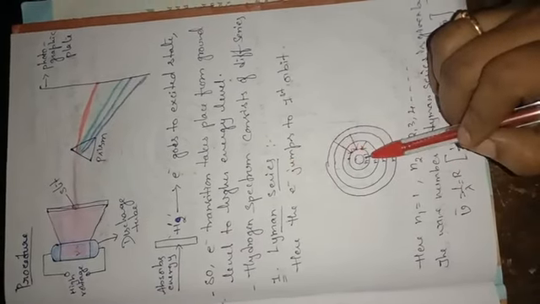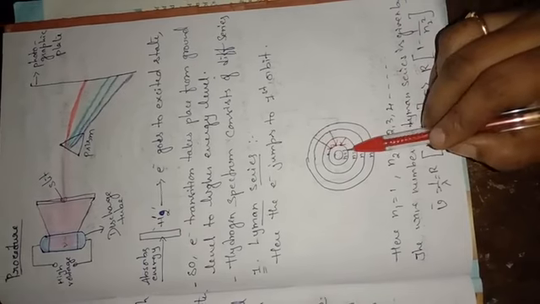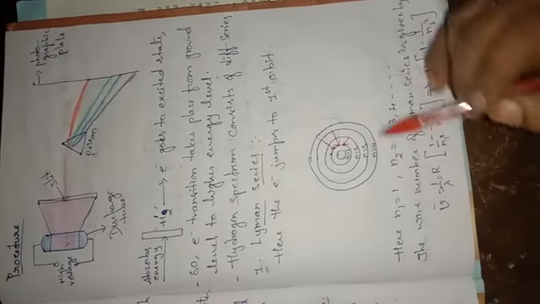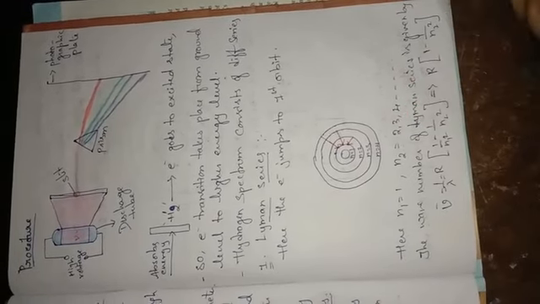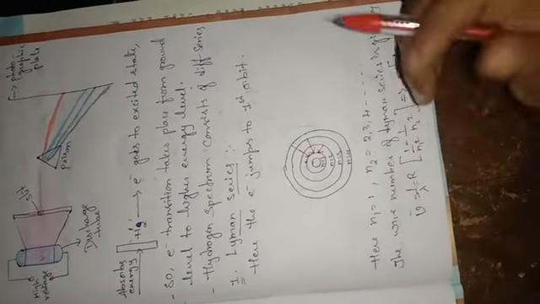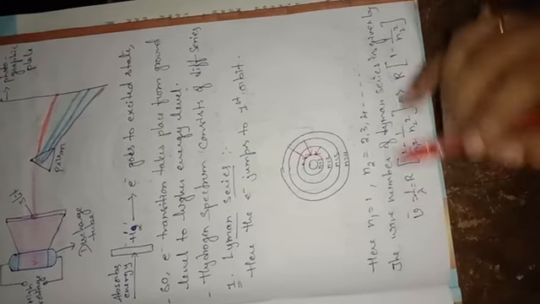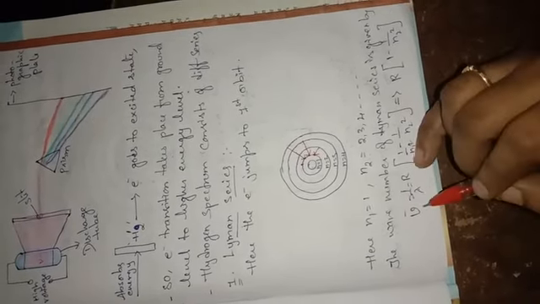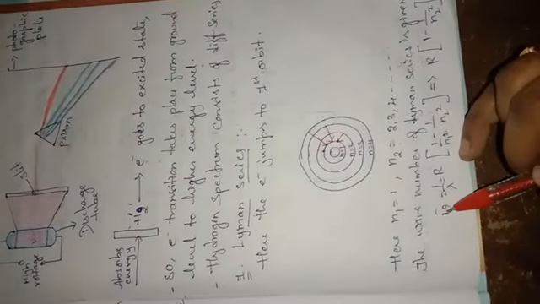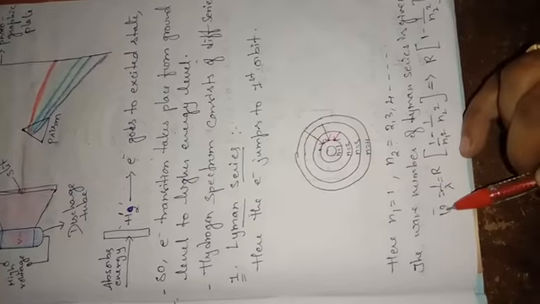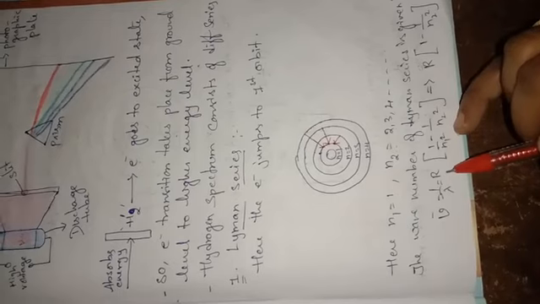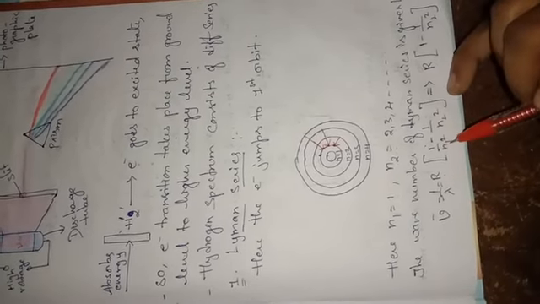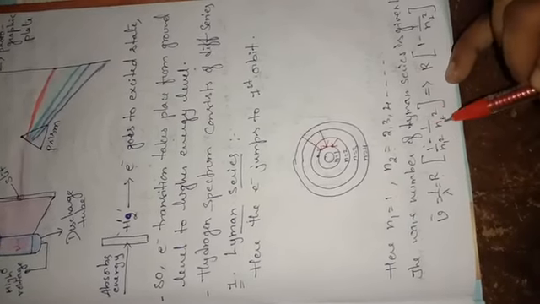Understand? Here n1 will be 1, because n1 is the first orbit, and n2 is the outer shell. n2 may be 2, 3, 4. If you want to calculate the wave number for this Lyman series, we have a formula: nu bar, that is the wave number, nu bar equals 1 by lambda, and 1 by lambda equals R into 1 by n1 square minus 1 by n2 square.